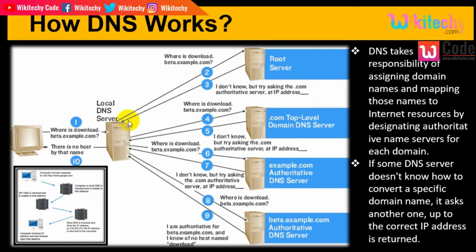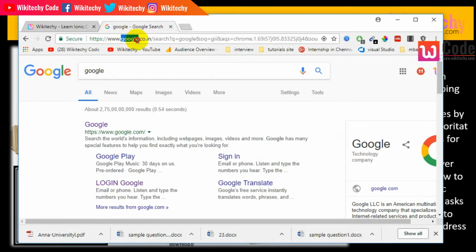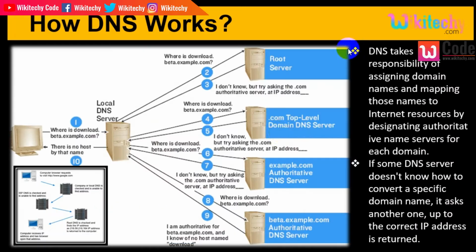If it is not available, they will search these top level domain servers. It will search for this Google. If it is not available, search for this co.in top level domain servers. Still, if it's not there, it will go and search in authoritative DNS servers. You have multiple authoritative DNS servers. Still, if you couldn't find it in any of these, you'll get the error that the page is not available.